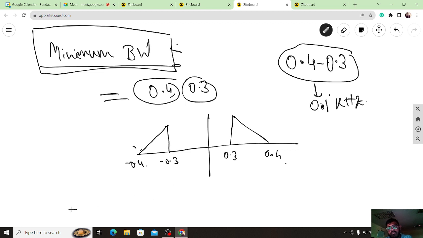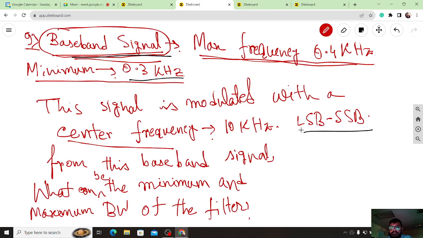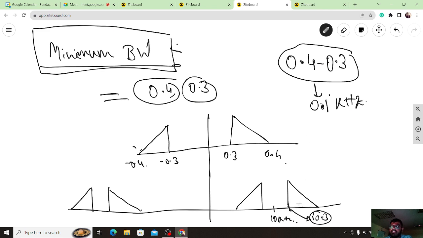Now if I modulate this signal by a frequency of 10 kilohertz, this will get repeated here and here, around 10. So here this is 10.3. The maximum filter response, to only catch the LSB part, should not cross this 10.3, right?